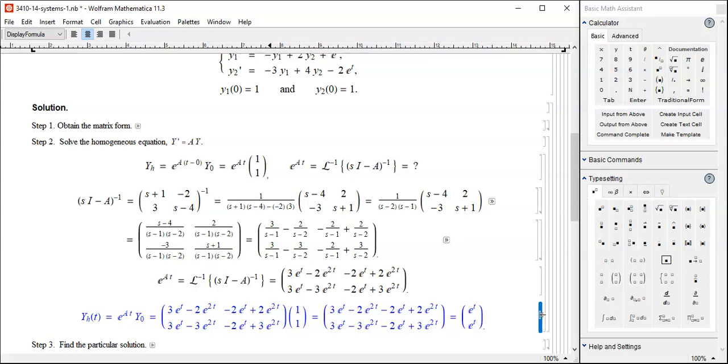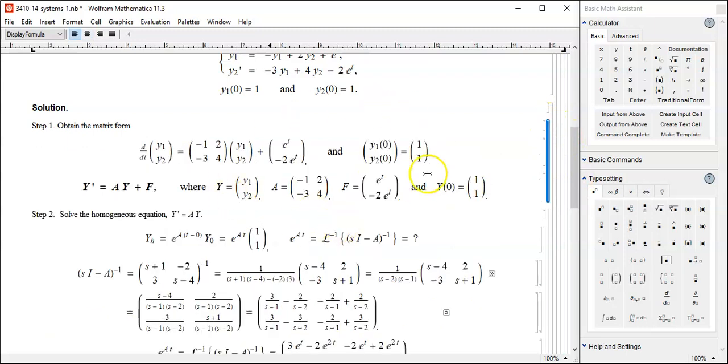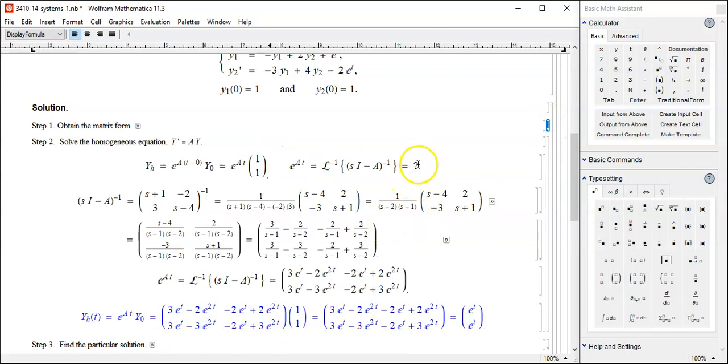What do you think? This part, just step 2, is kind of like the entire problem that you saw in the previous exercise set. Matrix form, all right, and matrix exponential through the Laplace inversion method.